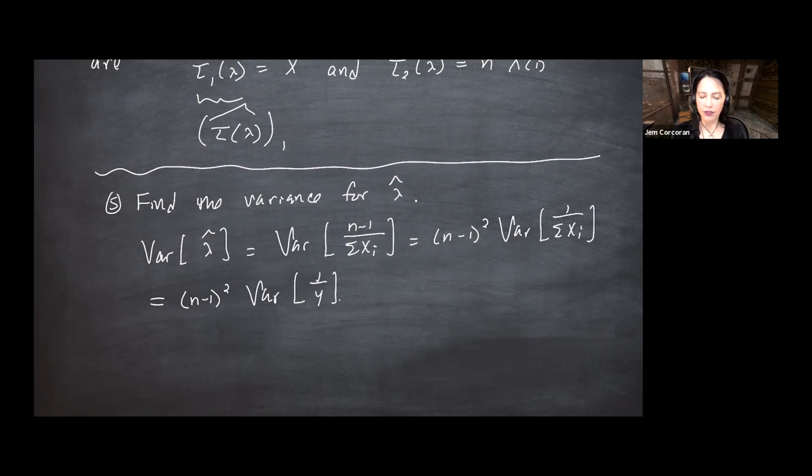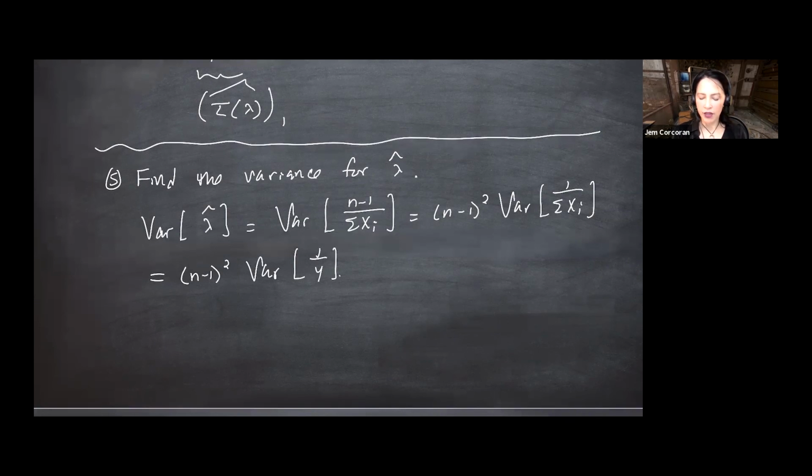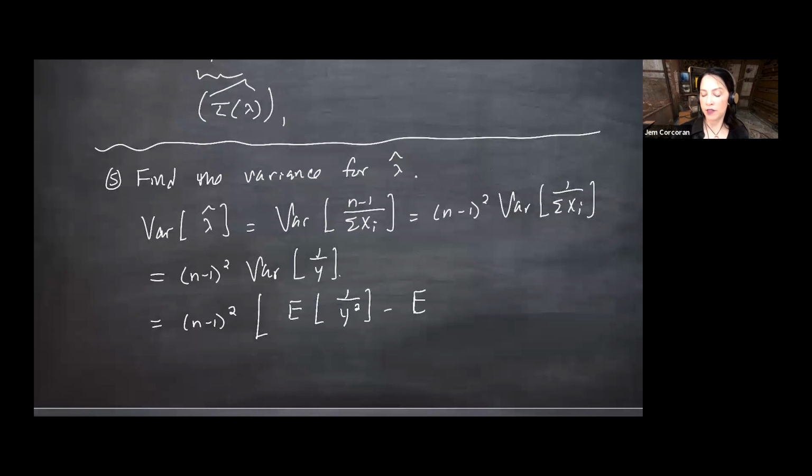So back to 5, I would just write the next line and not drag you through it. This is n minus 1 squared, and then this guy can be written as the expected value of 1 over y squared minus the expected value of 1 over y, all squared.